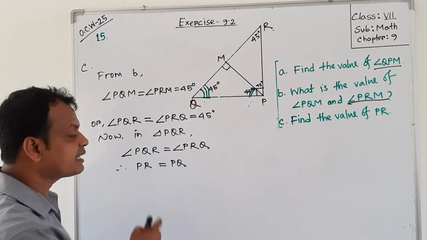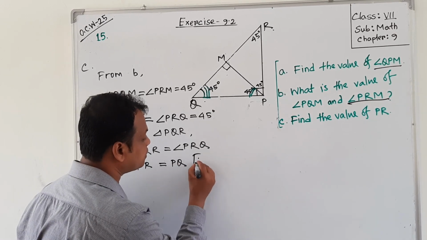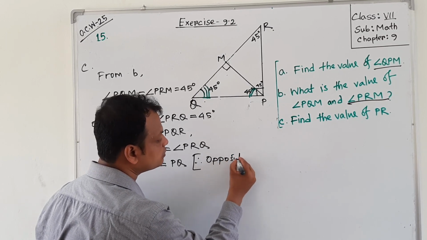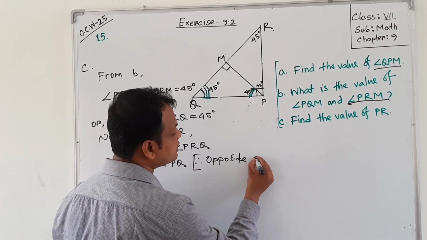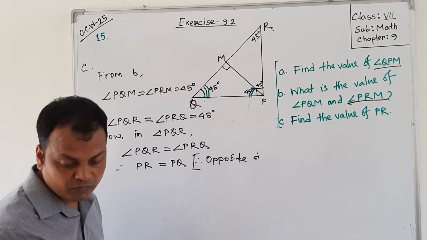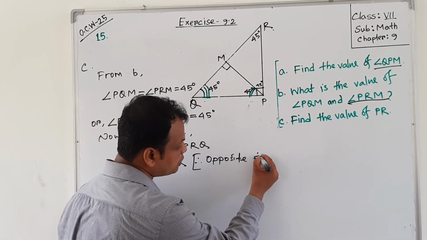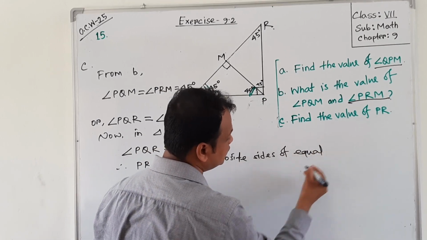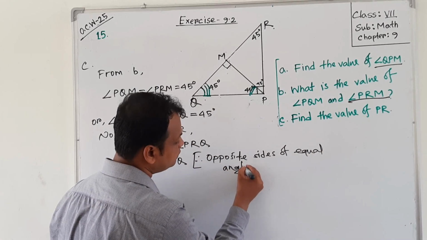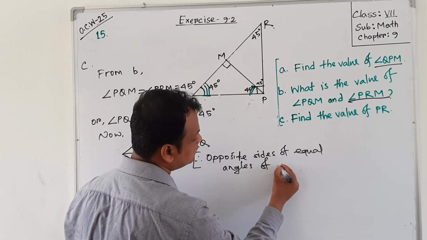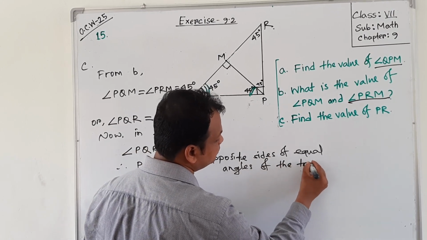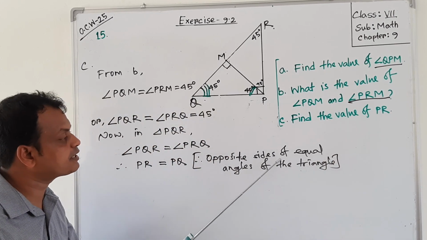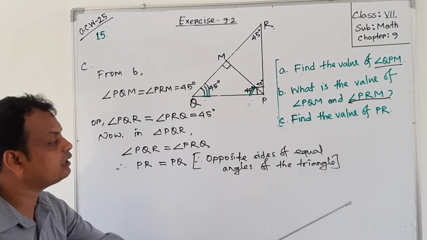Why are the sides equal? We give the side note: opposite sides of equal angles of a triangle are equal.